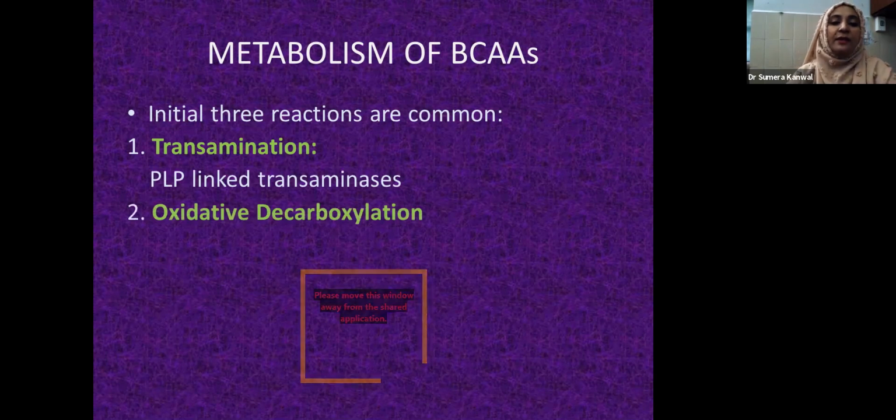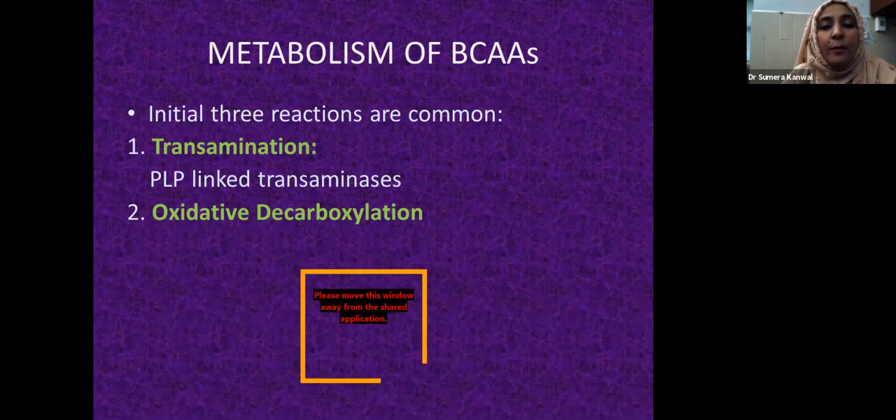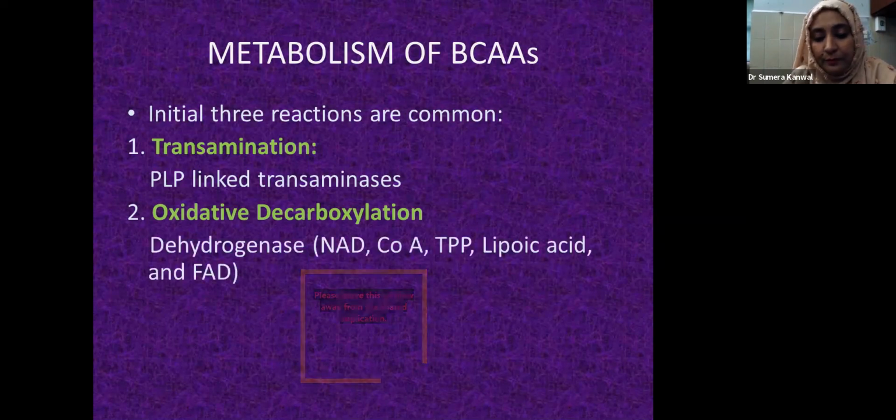The second step is oxidative decarboxylation, meaning oxidation followed by decarboxylation. After transamination, leucine, valine, and isoleucine convert into their respective alpha keto acids. Then these alpha keto acids undergo oxidation and decarboxylation, meaning the removal of carbon dioxide, in the presence of dehydrogenases.